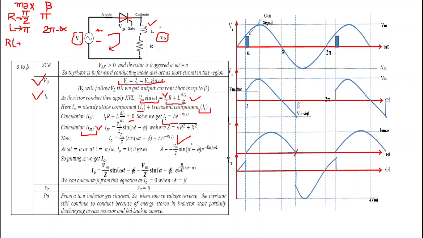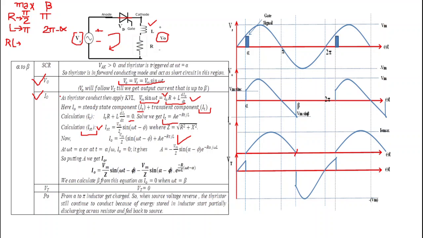So this derivation is based on the concept of network theory. If you have the concepts of network theory, then you can easily understand this derivation. But this derivation is not important from an exam point of view. I am telling this derivation for your knowledge enhancement only.